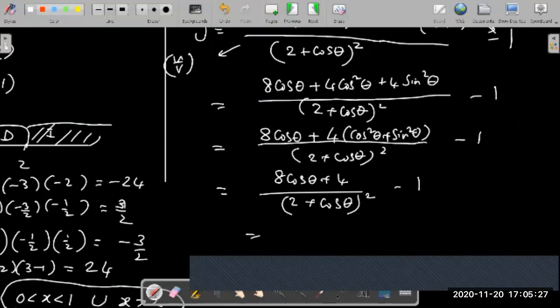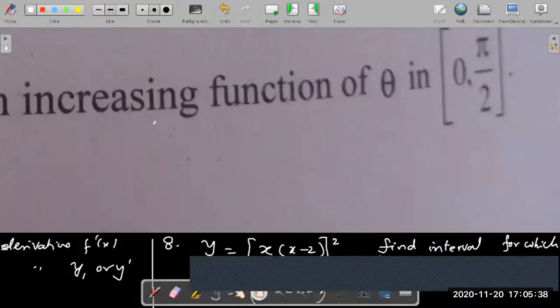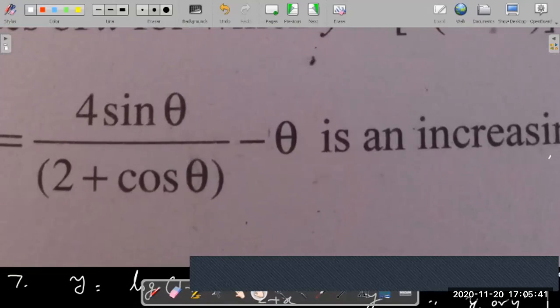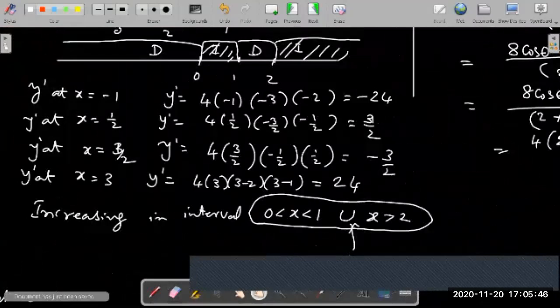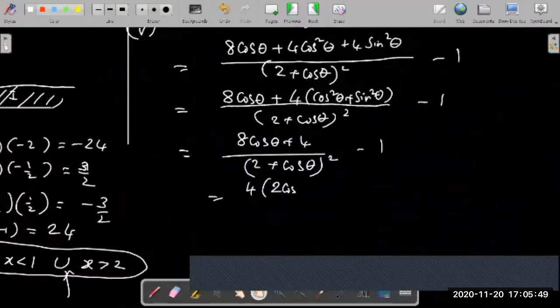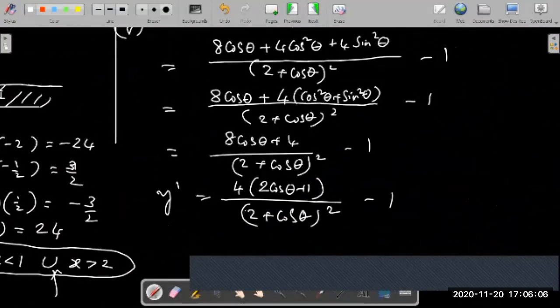Take 4 common, and I have 4 into 2 cos theta plus 1 divided by 2 plus cos theta whole squared minus 1. This is my y dash.